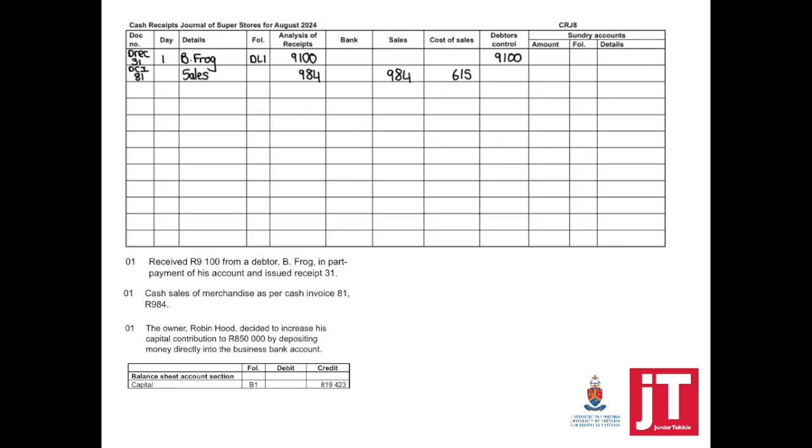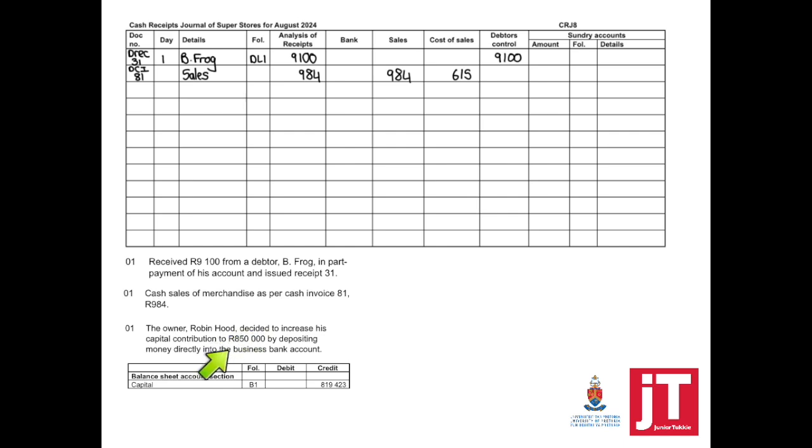Then on the same day, the owner, Robin Hood, decided to increase her capital contribution to 850,000 by depositing money directly into the business bank account. So don't get caught out now by writing 850,000.